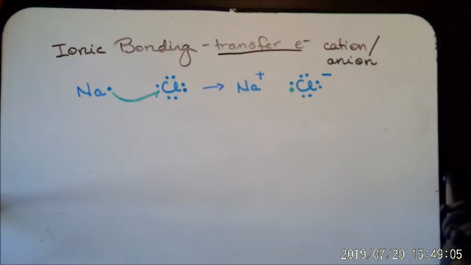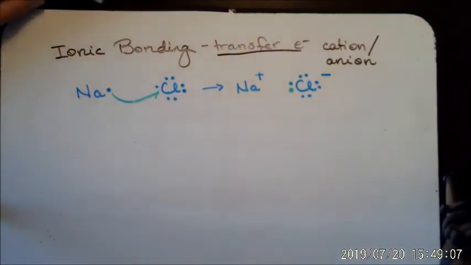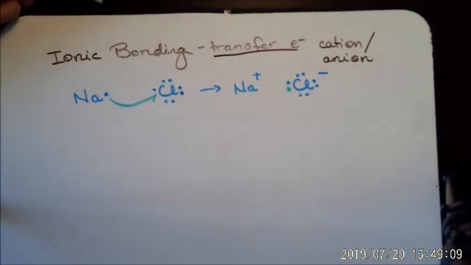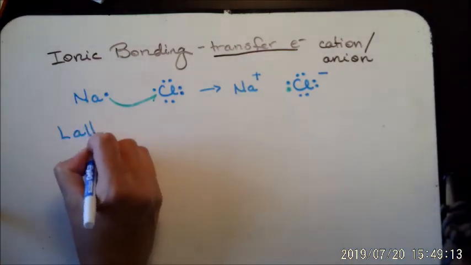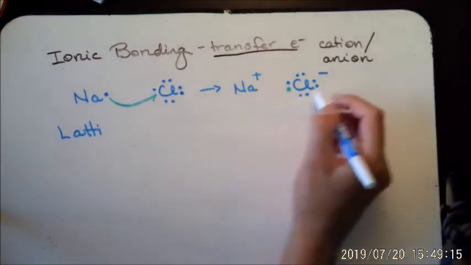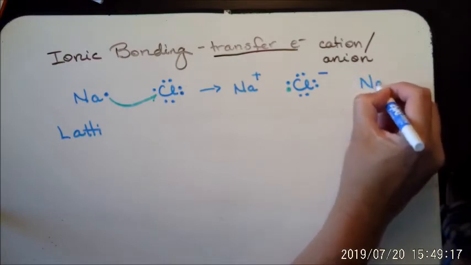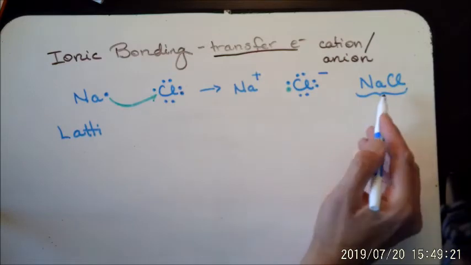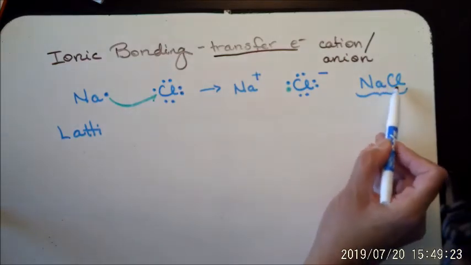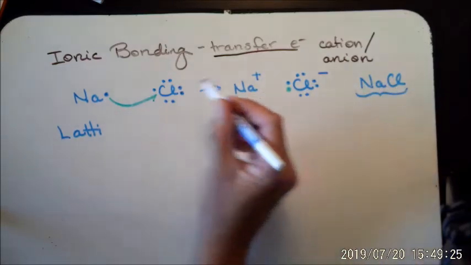But then the question is, how much energy does it take to form that bond? What we have is what we call a lattice energy. There is some amount of energy that's associated with these two together.